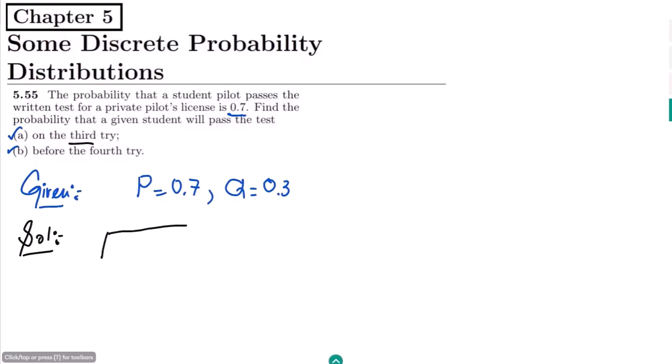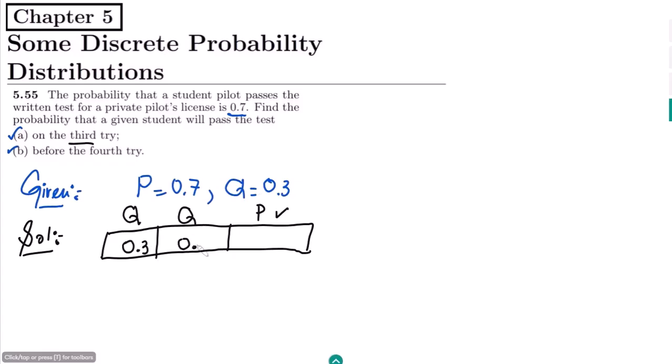Let me draw here this hypothetical diagram. There is first try, second try, and then third try. Here he will not pass it, so here it will be Q, and here it will be P. Now let me write their probabilities. So the probability which is Q here is 0.3, here it is 0.3, and here it is 0.7.